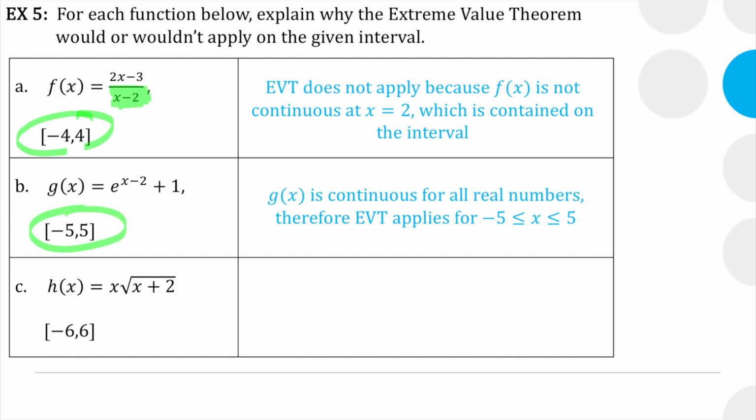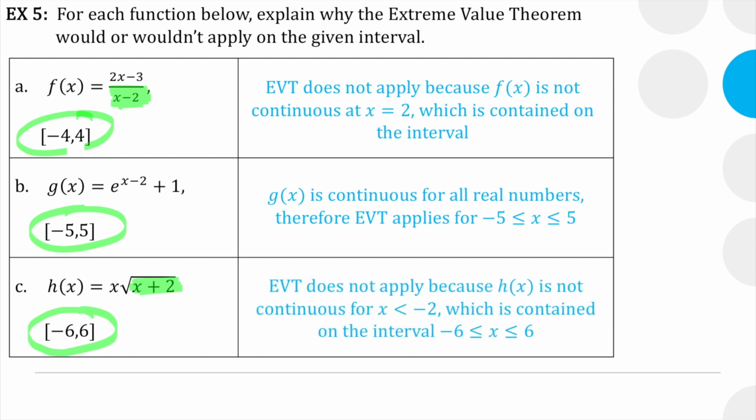That one is continuous for all real numbers, so we're good to go on -5 to 5. And then part C, h of x equals x times the square root of x plus 2. Looks like we may have a problem here. Anything less than -2 is going to be a problem. And something less than -2 is in our interval. So we'd have to say that the theorem does not apply there.